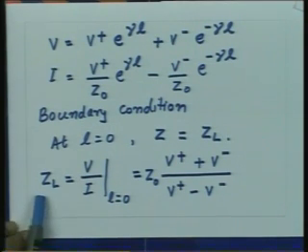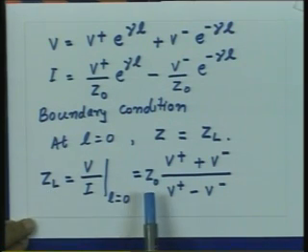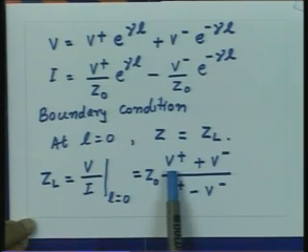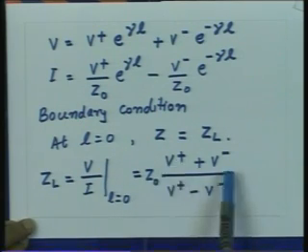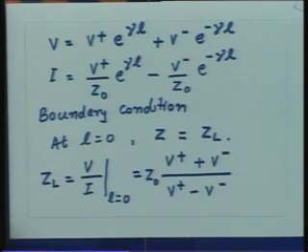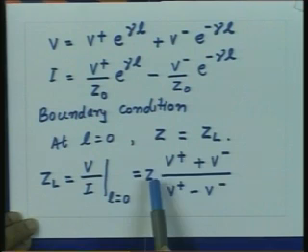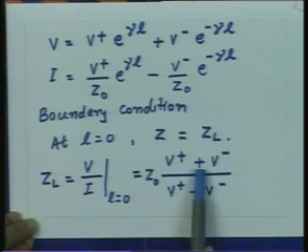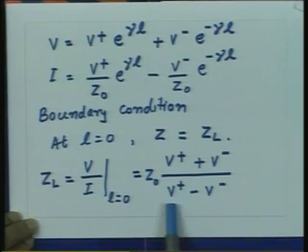So, one thing is clear now, that the load impedance is related to the characteristic impedance. Also, it is related to the amplitude of the forward wave and the amplitude of the backward wave. One can also notice from this expression that I can take the quantity V plus common, and this can be written as 1 plus V minus upon V plus and 1 minus V minus upon V plus.